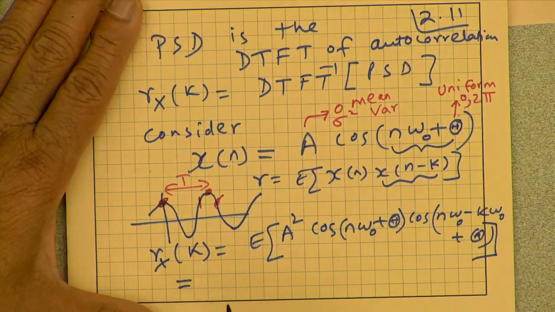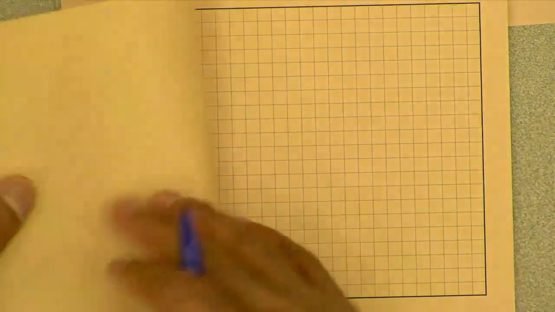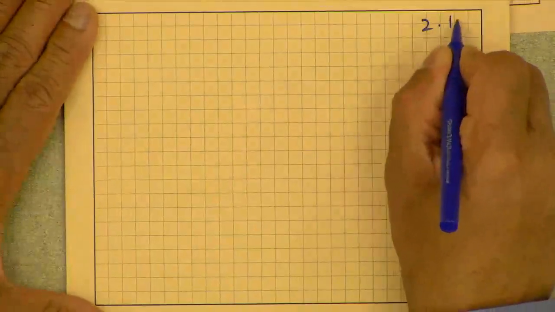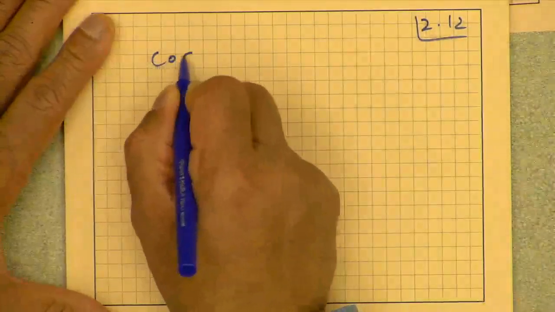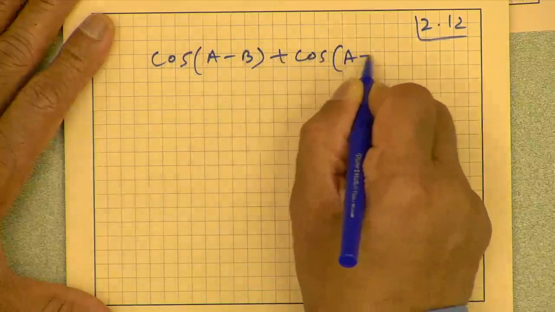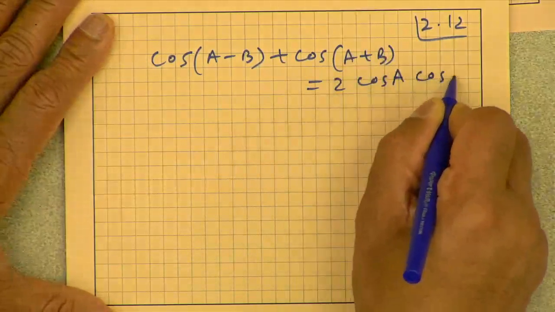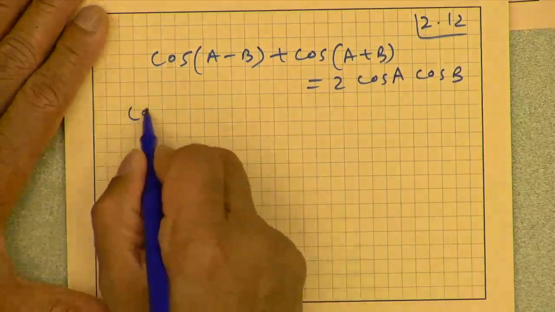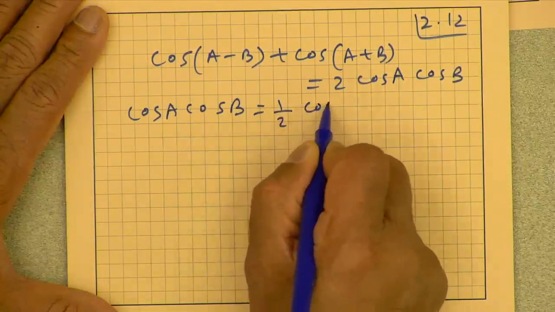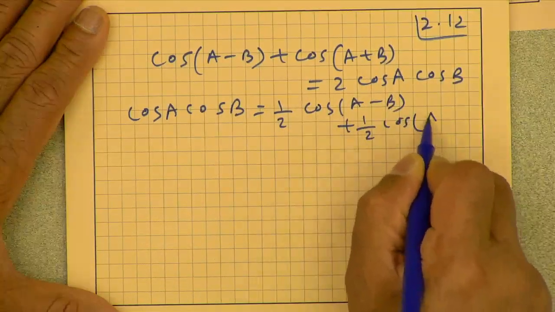So you will remember from trigonometry that cosine a minus b plus cosine a plus b is 2 cosine a cosine b. So cosine a cosine b is equal to half cosine a minus b plus a half cosine a plus b.